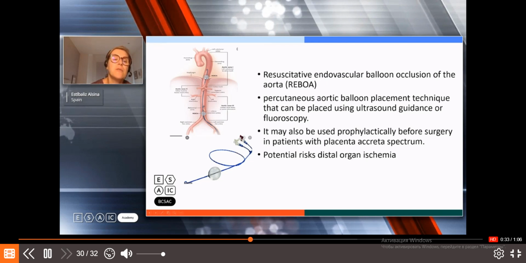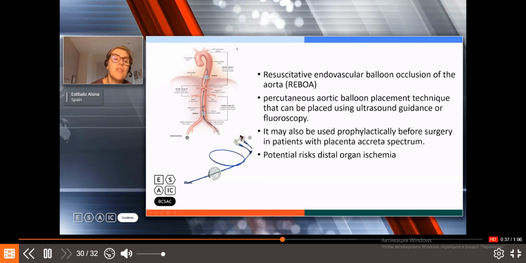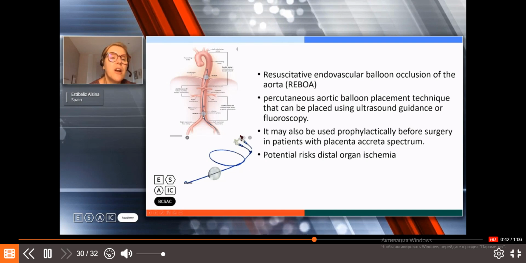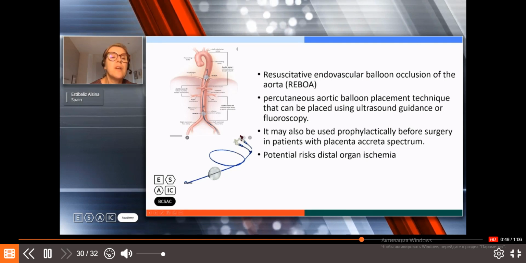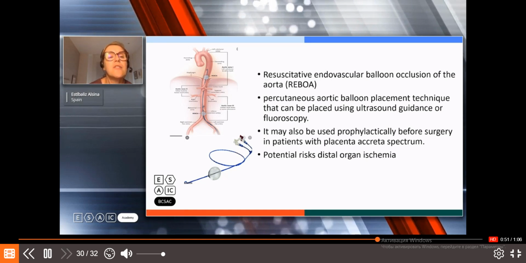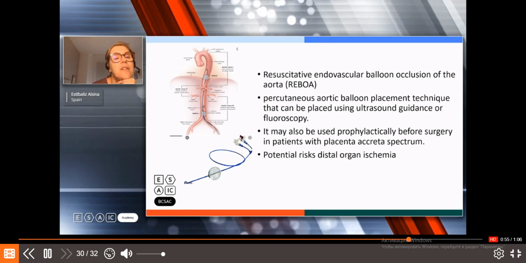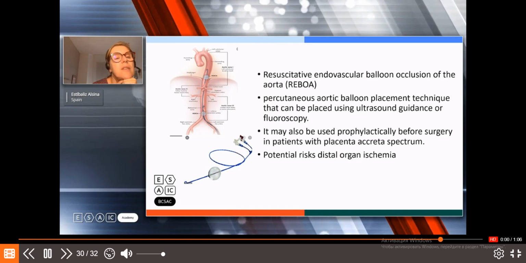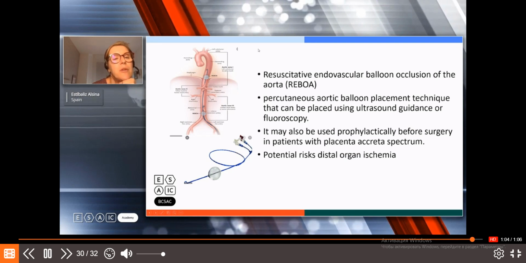What we do is to inflate, and we have to insert it through a femoral artery. It has the balloon. We have to go with the ultrasound and go as far as we can, leaving the renal arteries, and we fill the balloon so the flow of blood will be less.